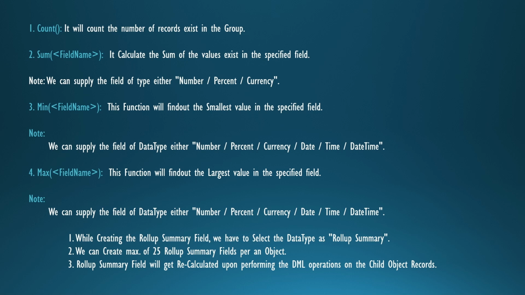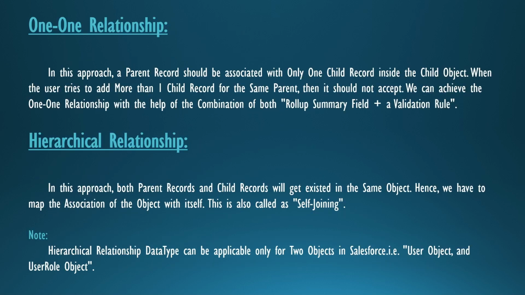Note: while creating the rollup summary field, we have to select the data type as rollup summary. We can create a maximum of 25 rollup summary fields per object. Rollup summary field will get recalculated upon performing the DML operations on the child object records. 1-1 relationship.